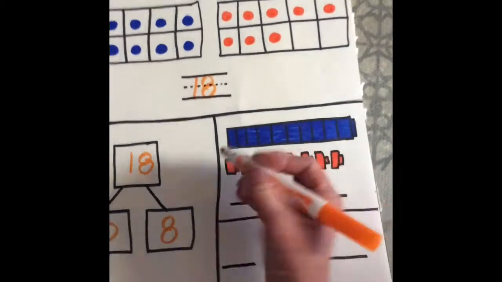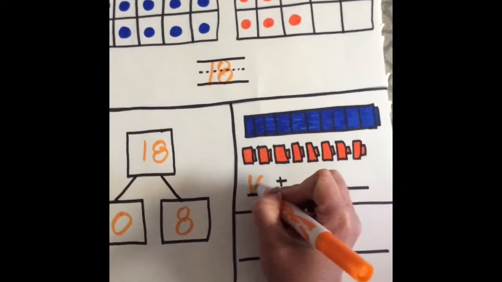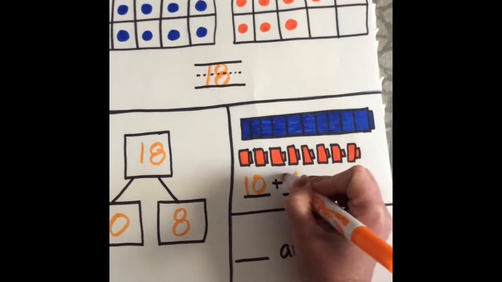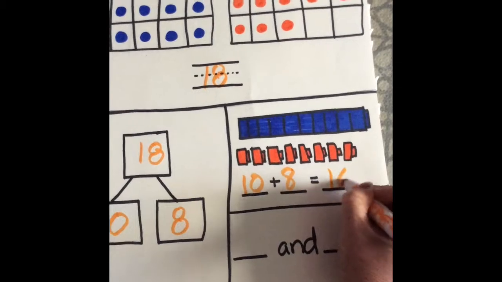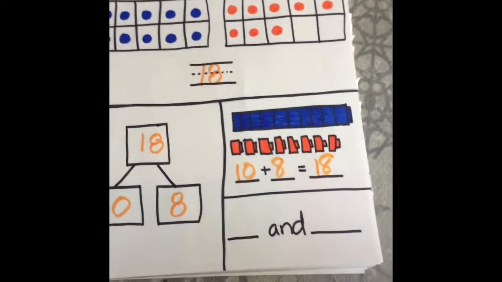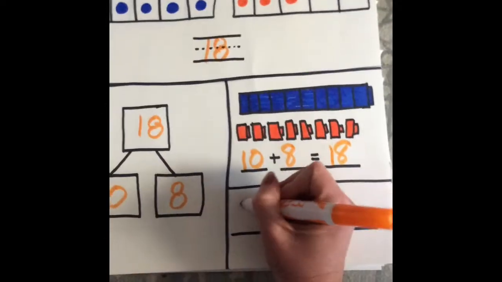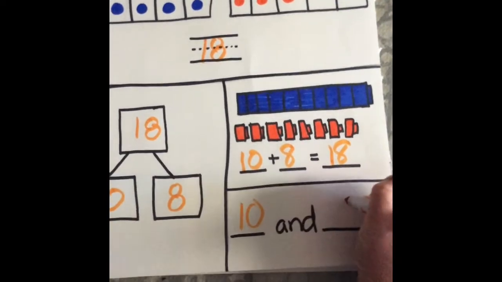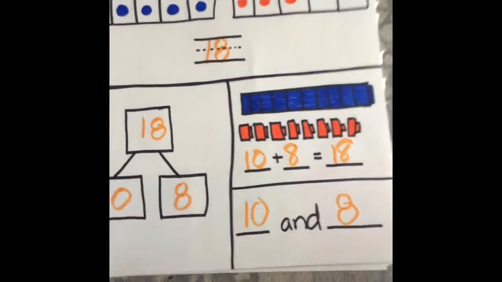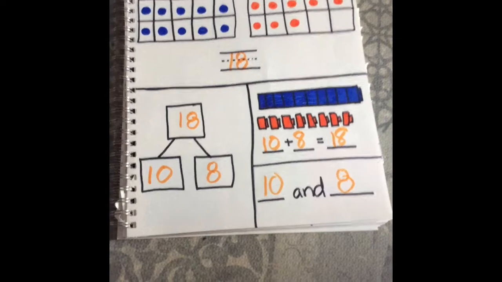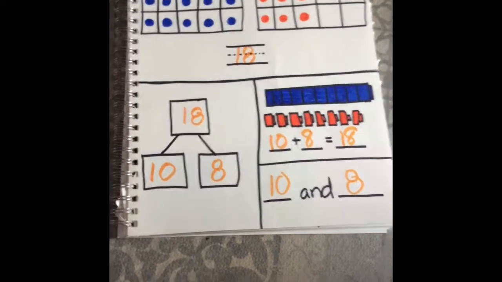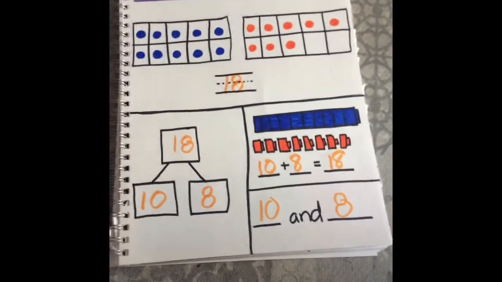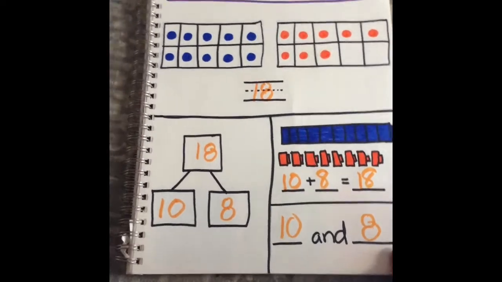How I could write that is my 10 blue plus my 8 red equals 18. Another way you could say this is that 10 and 8 make 18. So that's just an example of some different strategies that we can use to solve for teen numbers and represent them and make them.